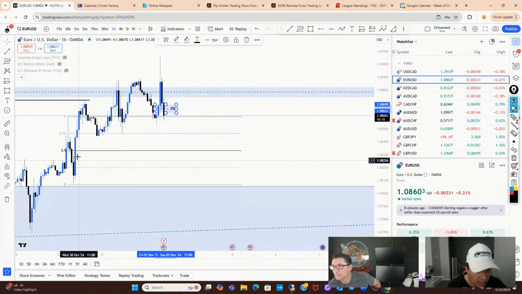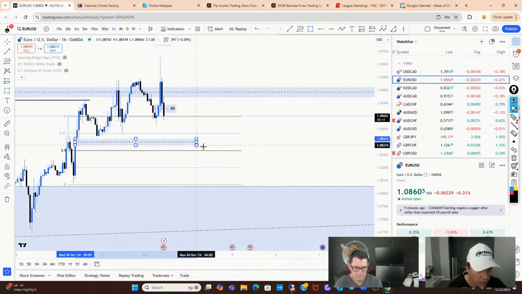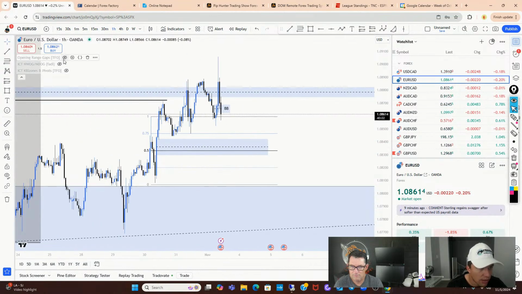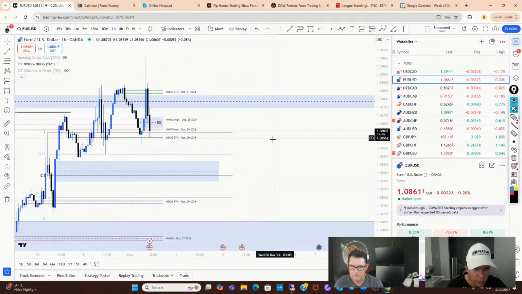So going to the 1 minute again, yeah, you have this right here as well. This 1 hour inefficiency. This is institutional order flow drill where we had that run to the upside. Came back, another run to the upside. So again, let's look at our new weekly opening gaps here.